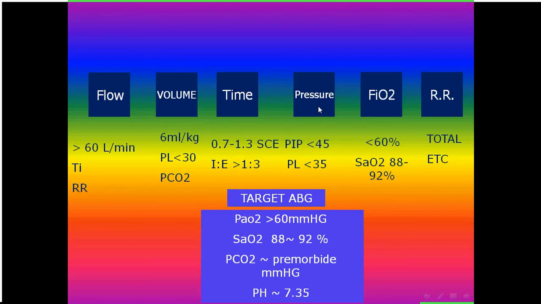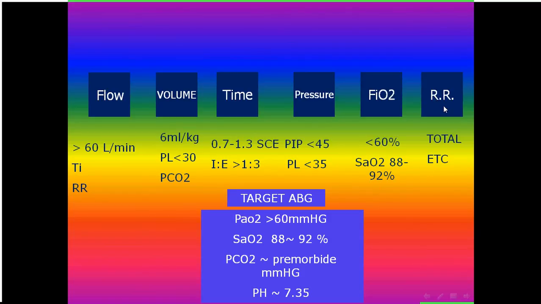For the pressure, we have to keep an eye on the plateau pressure, which should be about 30 to 35, and the peak inspiratory pressure should not exceed 45 centimeters of water. We should use the least FiO2, and the required saturation for these patients is about 88 to 92%.